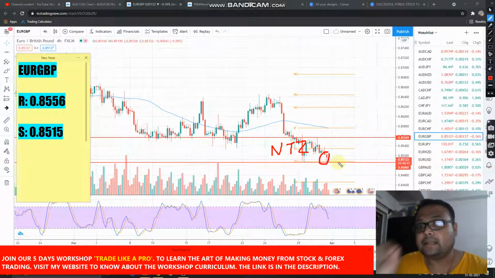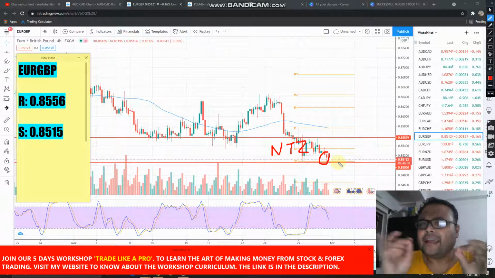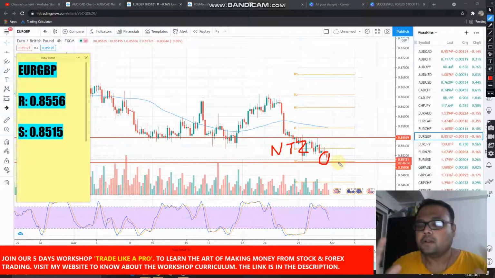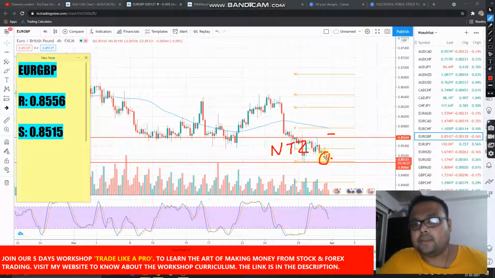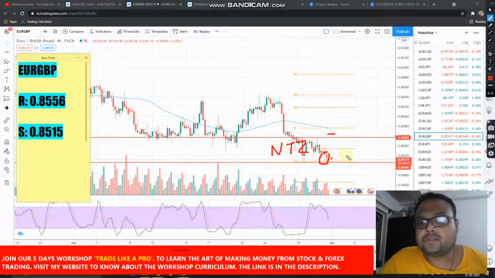So this level is trying to provide support to the market. So be aware, because if you sell here and your stop loss will be somewhere around here, your capital will be at risk, your trading balance will be at risk. So this is not the proper trade.